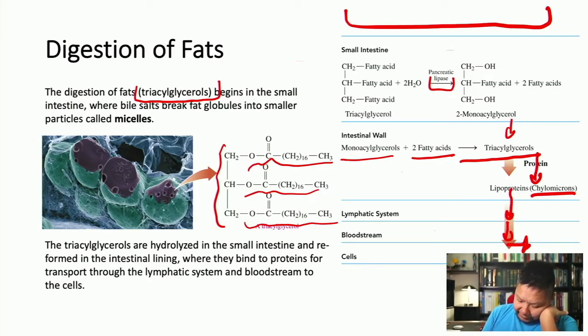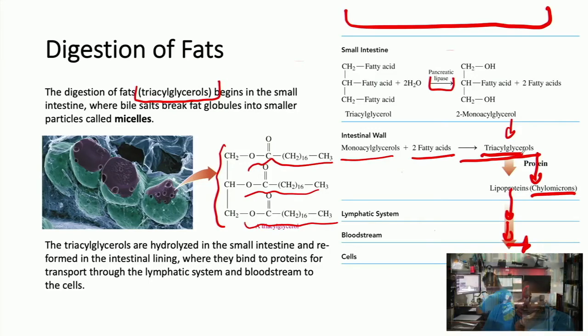And the triacylglycerols have to be broken down to pass through the cell wall and to be used in fatty acid metabolism, which you can't see down here because my head is covering it, but this part right here just says glycerol plus fatty acids.